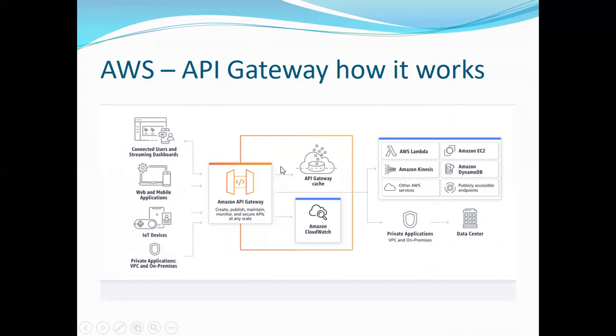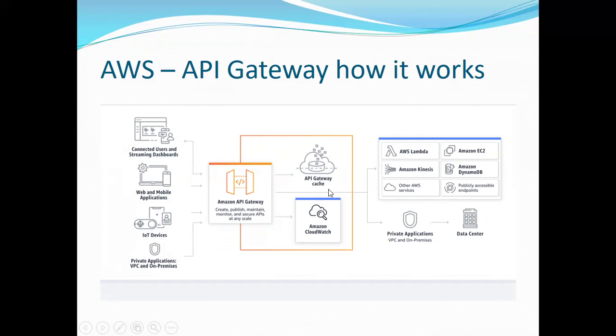And API Gateway has a gateway cache and Amazon CloudWatch. As you know, the cache is where frequently used data can be stored, so it can be used for other sessions or within the same session. The data can be used rather than going back to the cloud to process the data.